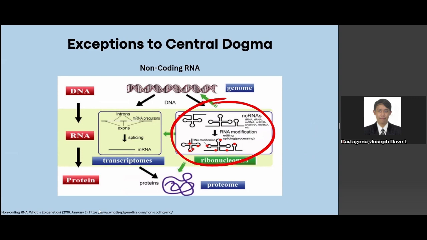In fact, they're essential. tRNAs bring amino acids to the ribosomes. rRNAs form the core of the ribosomal structure, and regulatory RNAs like miRNAs and siRNAs help control gene expression by silencing or degrading mRNAs. So even though they don't make proteins, non-coding RNAs are critical for making sure the cell runs smoothly. Next slide, please.